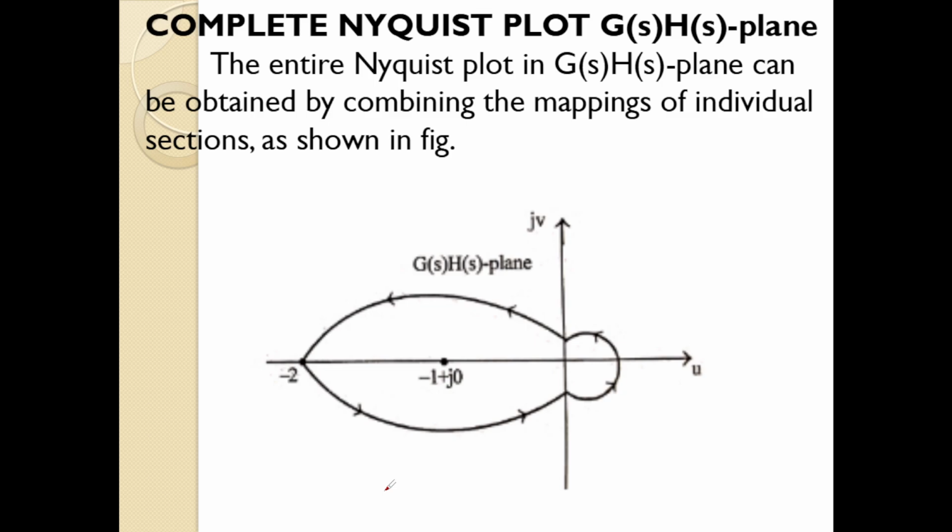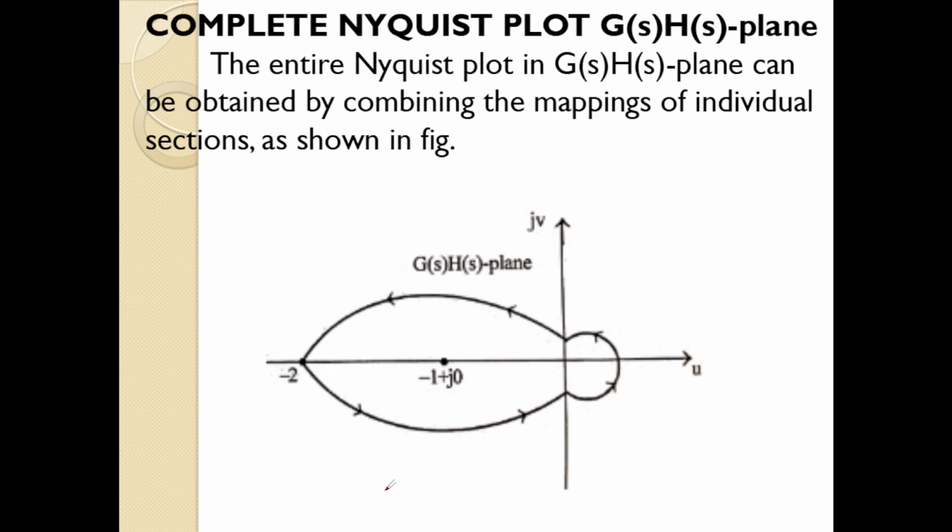So that's what I have written here. On traveling through the Nyquist plot along the indicated direction, it is found that the point -1 plus j0 is encircled in the anti-clockwise direction only once. So the open loop transfer function has one pole at the right half of the S plane.